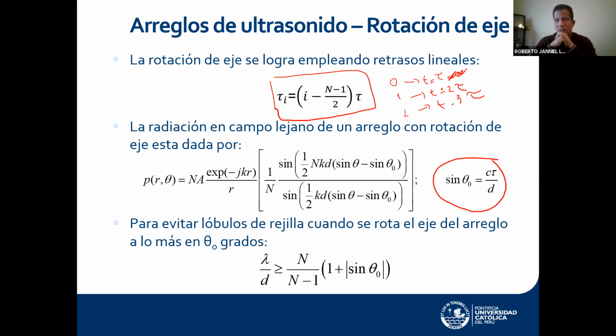You can even think about it from geometrical considerations. You have some lateral distance d, and you have some axial distance that the ultrasound would travel between the firings, which is c times tau.